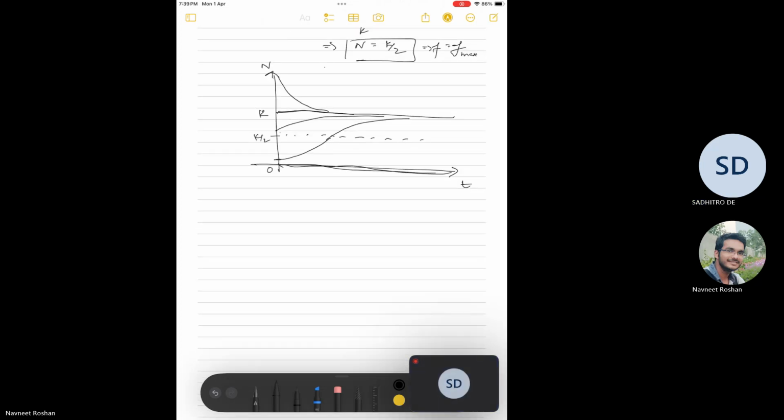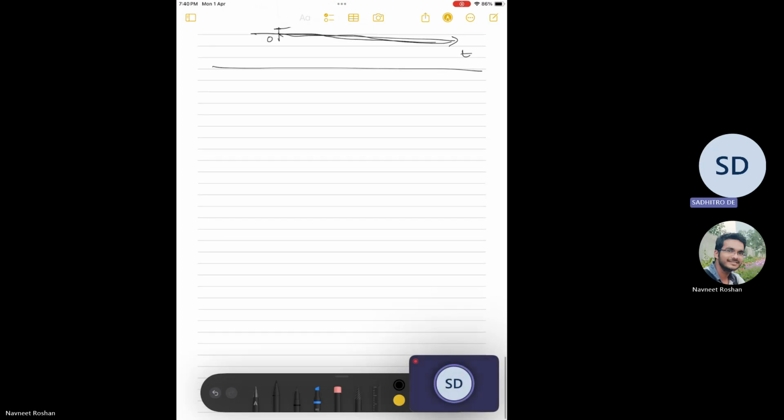Right. We can also look at more complex examples of population growth. For example, we can look at this problem called the Allee effect. What is this?